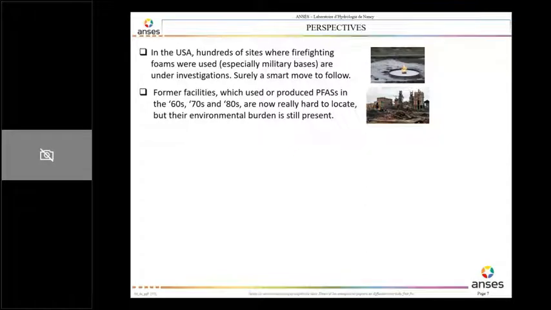Former facilities which used or produced PFAS in the 60s, 70s, and 80s are now really hard to locate, but their environmental burden is still present.